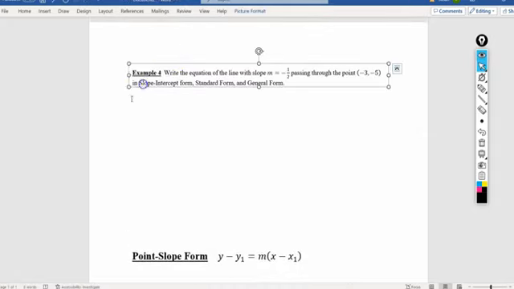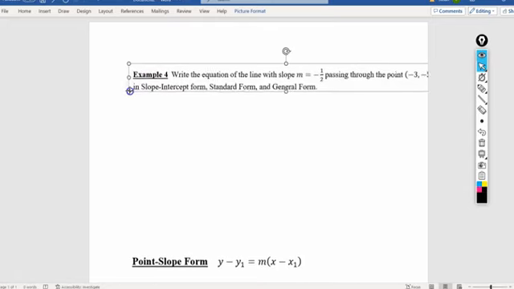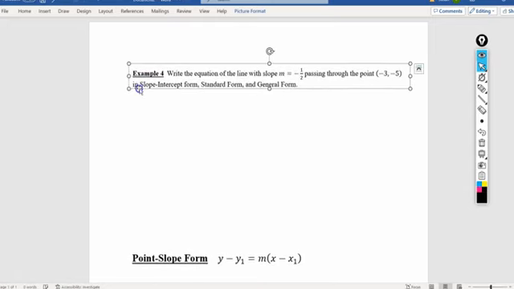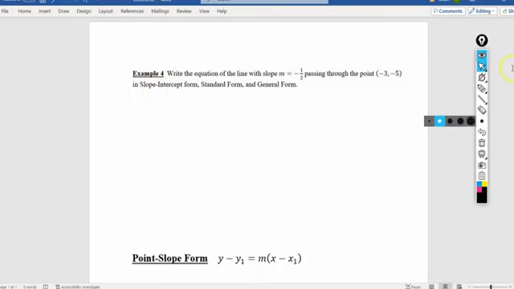All right, write the equation of the line, and now we're told the slope, -1/2, and we're told a point. And again, they want slope-intercept form, standard form, and general form. Well, we have the slope and we have a point, so we're going to use the point slope form. So this is our m, and this is the point we've been given, x1, y1.